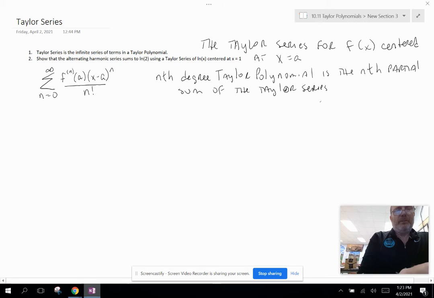So let's do an easy one here. Let's just go ahead and do the Taylor series for f of x equal to x squared plus 2x. Now this is a second degree polynomial. There's no point in doing a Taylor series for a second degree polynomial, but I'm going to show you how this works.